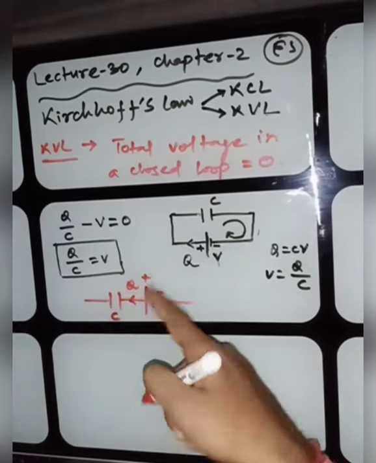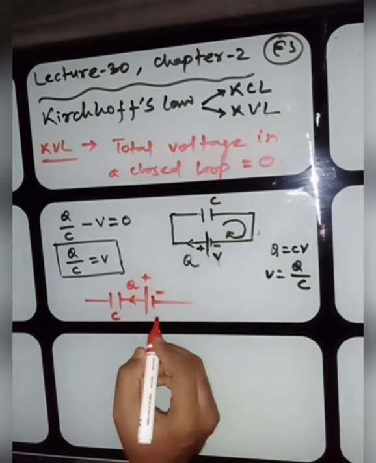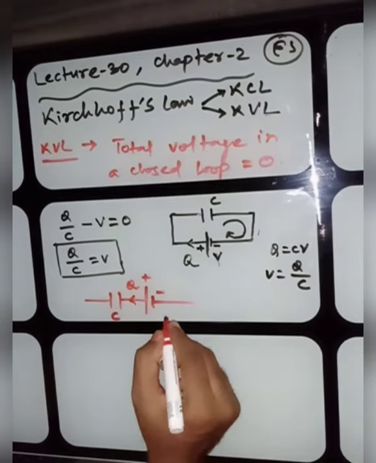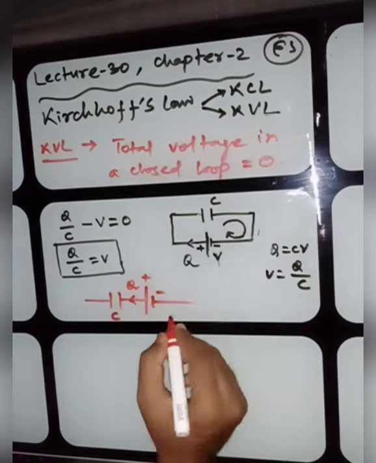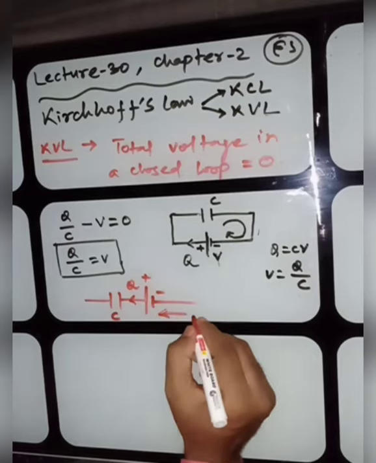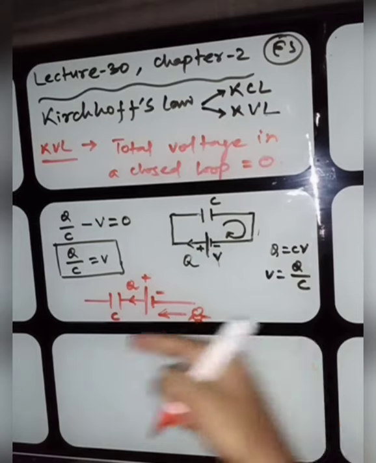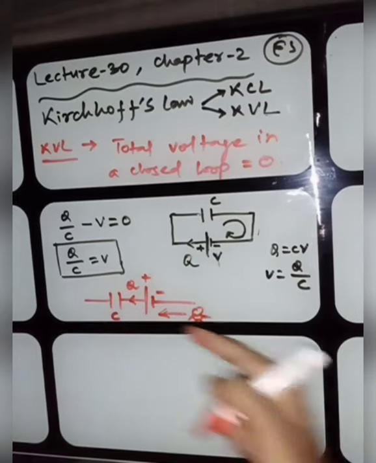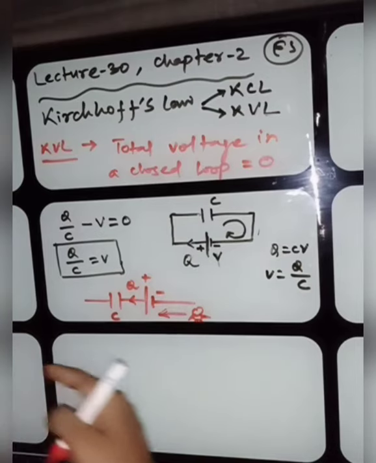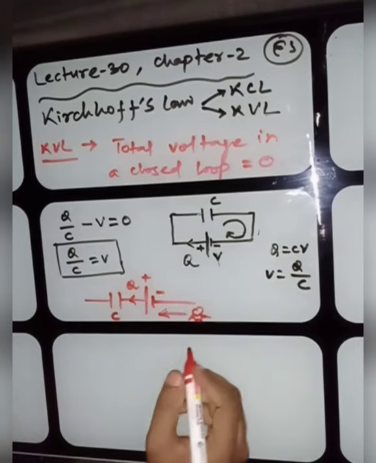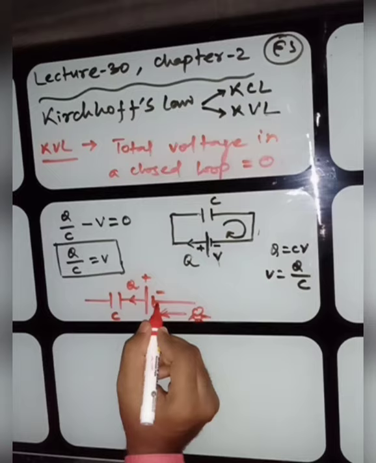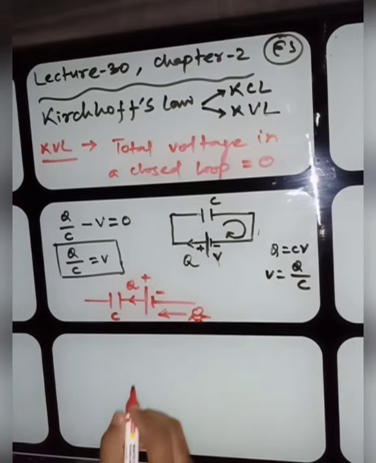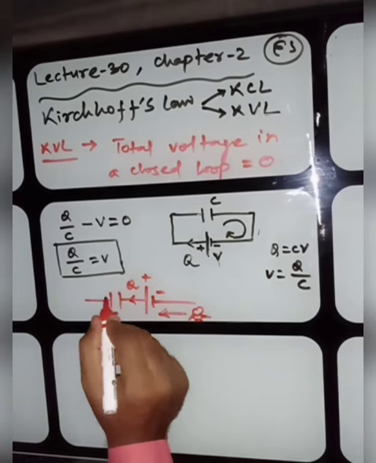It is not necessary that charge is coming from this way and going from this way also. It is not possible. So if charge is going in this direction and you yourself are observing in the same direction, in the direction of charge, then you have to write in this way. You can start from here or from the capacitor. You have to write the potential.